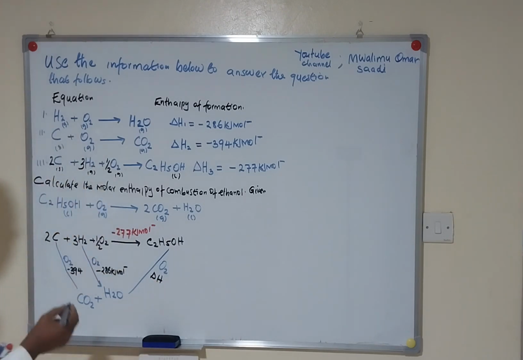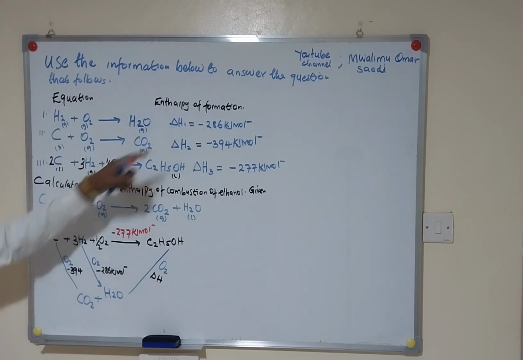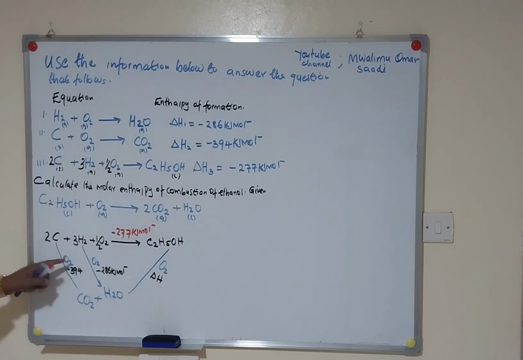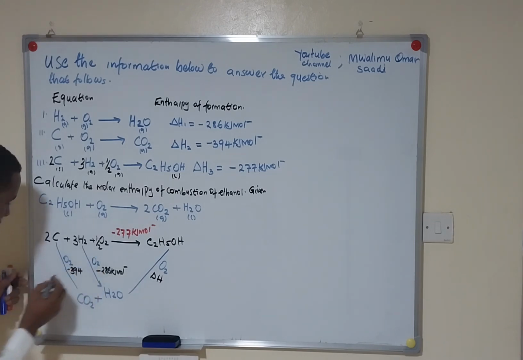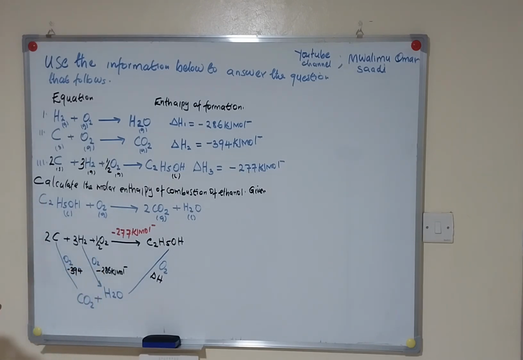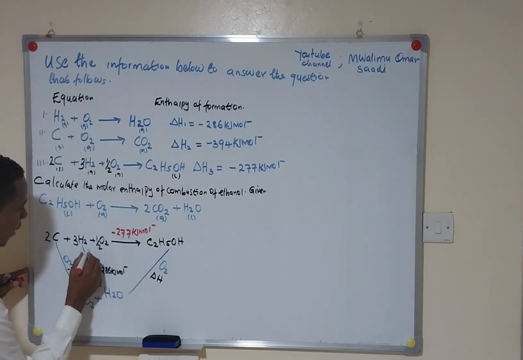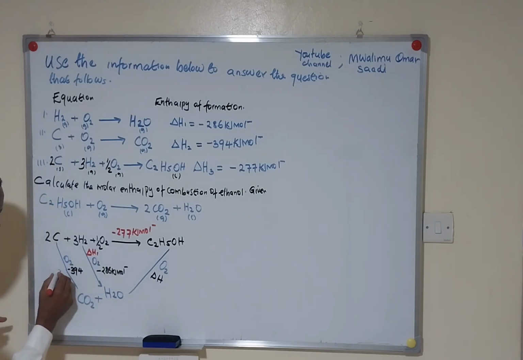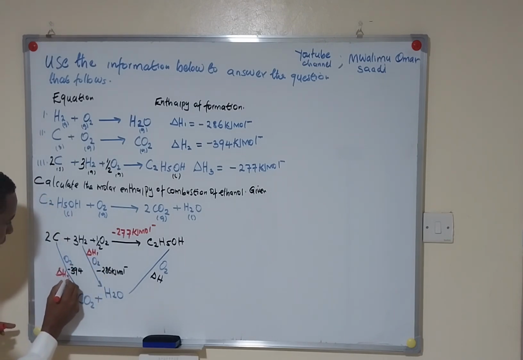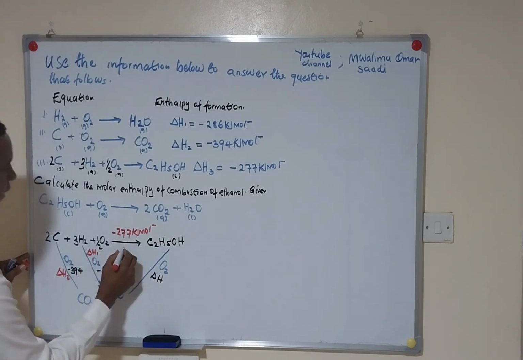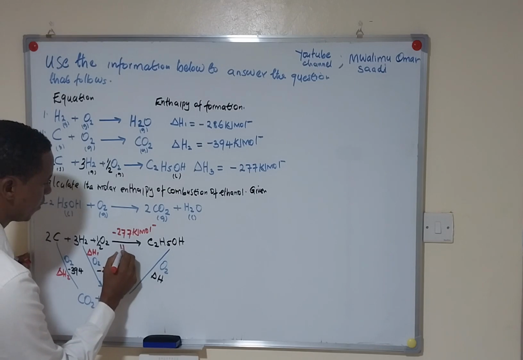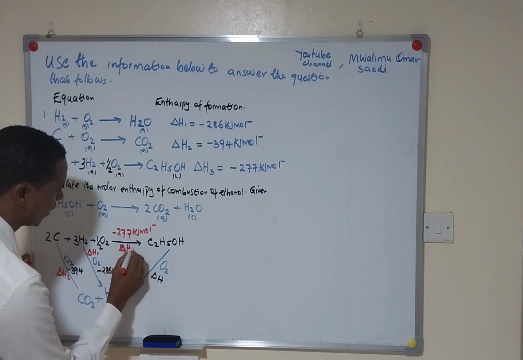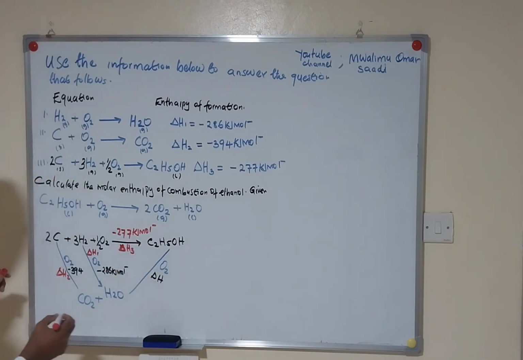This delta H1 is the enthalpy of combustion of hydrogen. And the enthalpy of combustion of carbon is delta H2, and the enthalpy of formation of ethanol is delta H3.